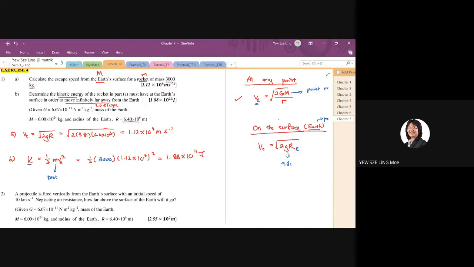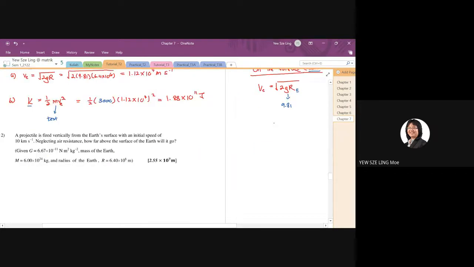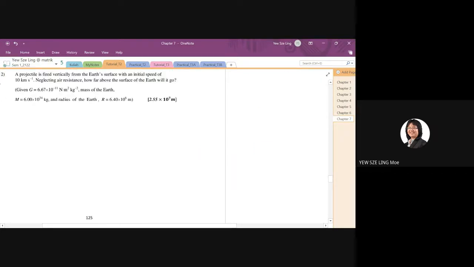All right. Now let's move on to the next questions. Next questions, a projectile. A projectile is fired vertically from the Earth's surface with an initial speed of 10 km per second. Neglecting air resistance, how far above the surface of the Earth does it go? So let's see.